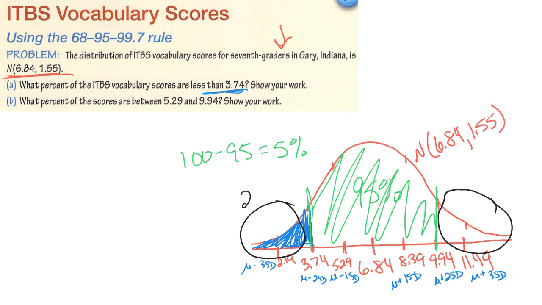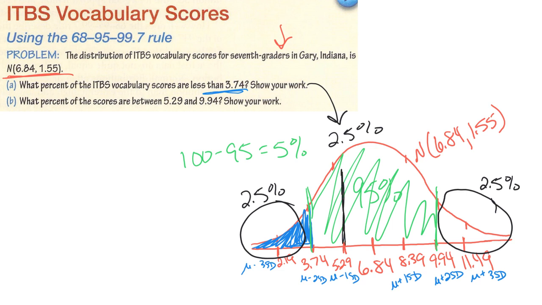So what I really have is 2.5% on one side and 2.5% on the other side. So my actual percent that got less than 3.74 is going to be equivalent to 2.5%.